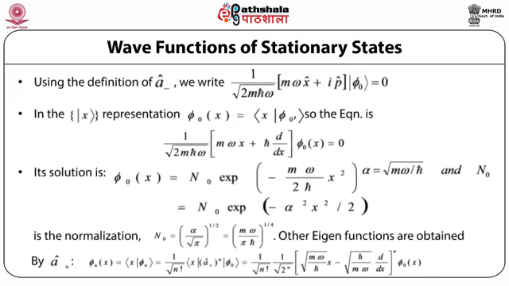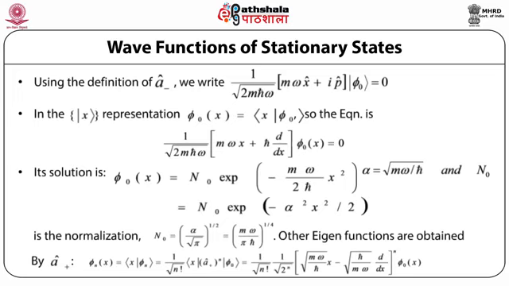In the complete basis representation of the position eigenvector x, that is the ket vector x, we have phi naught x as given by bra vector x, ket vector phi naught.